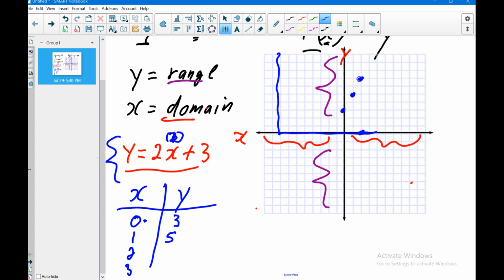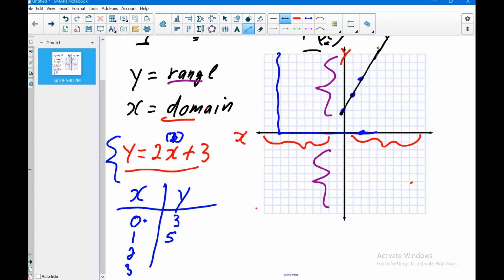And what you start noticing as we go along is that this, funnily enough, turns into a straight line. And that's basically a linear function.